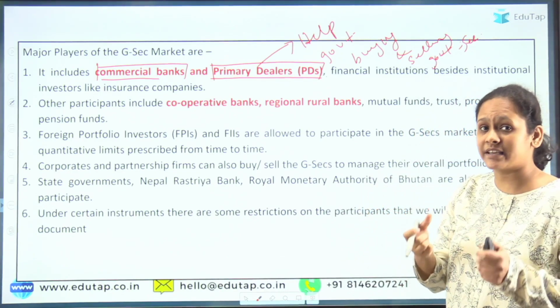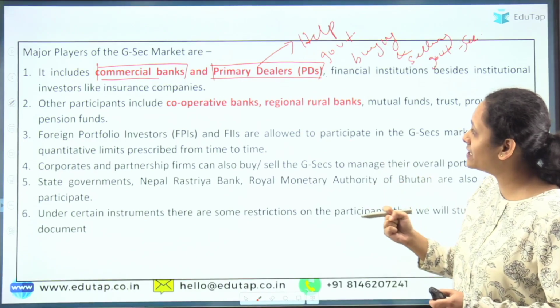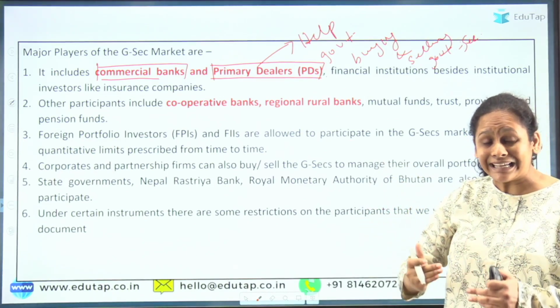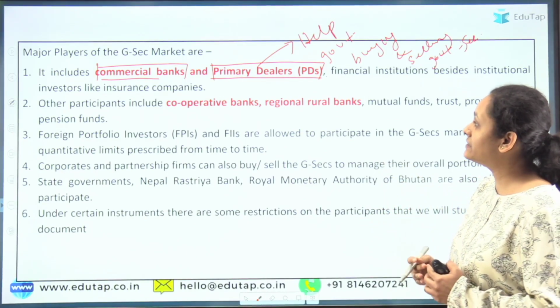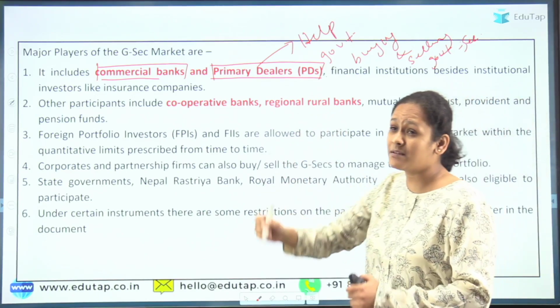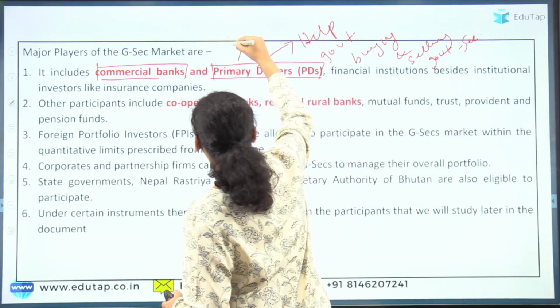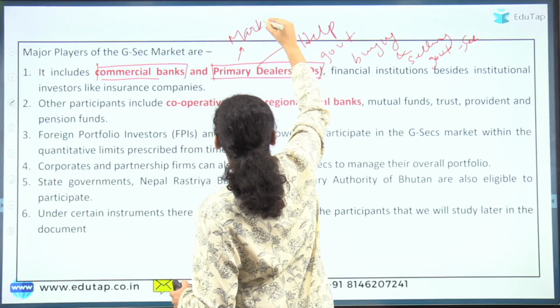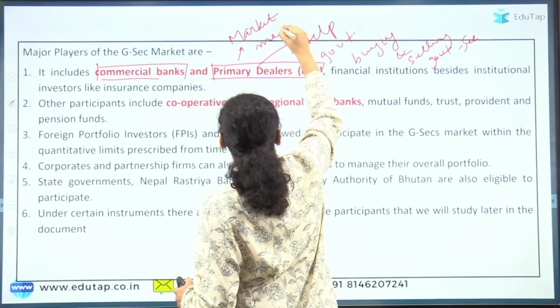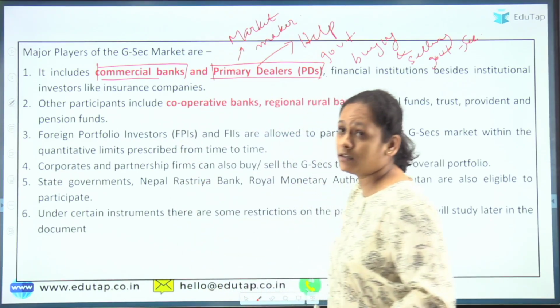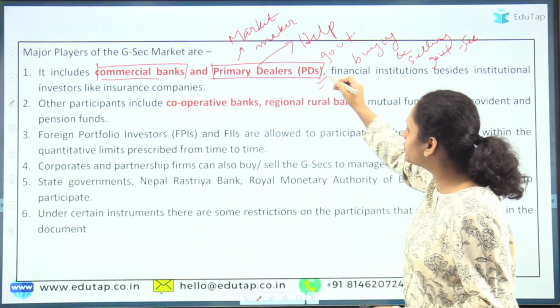They buy government securities from the government with the intention of selling them further to the people. So, in simple terms, they act as a market maker, for the government. And why are they needed?